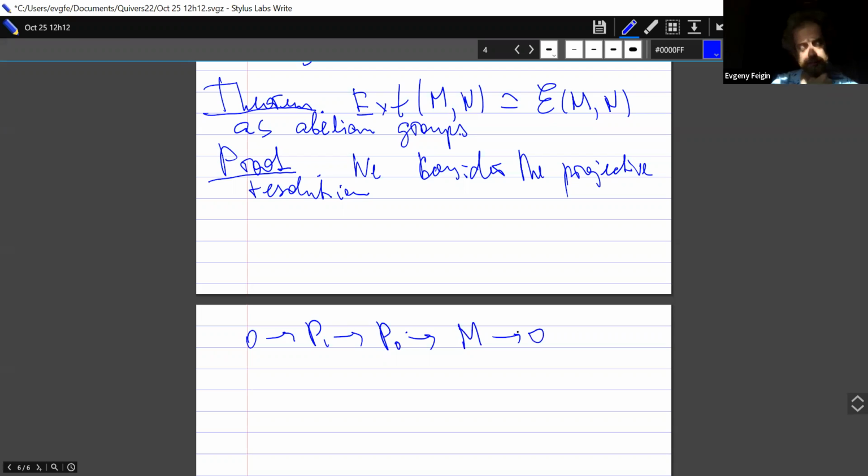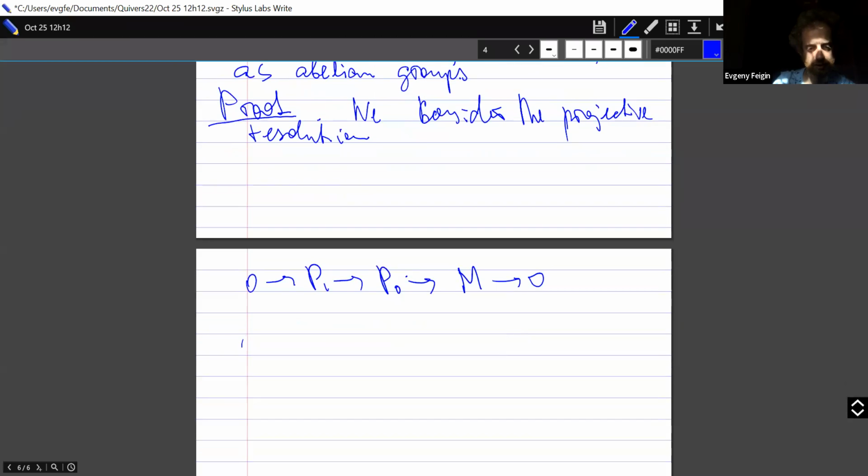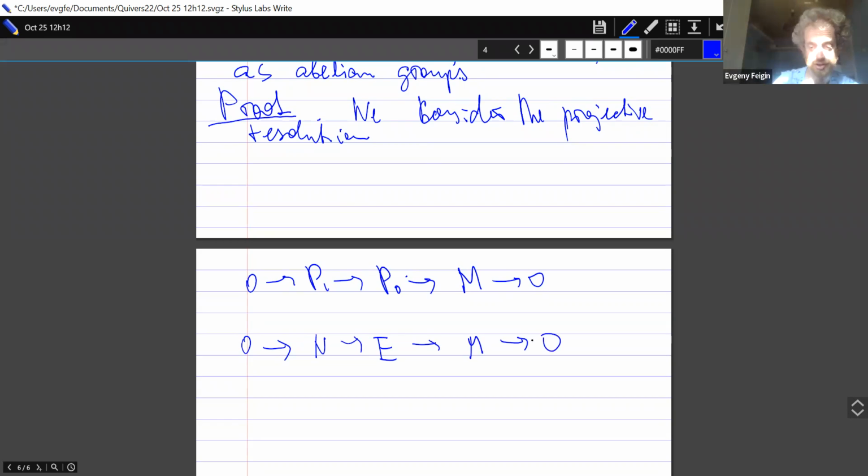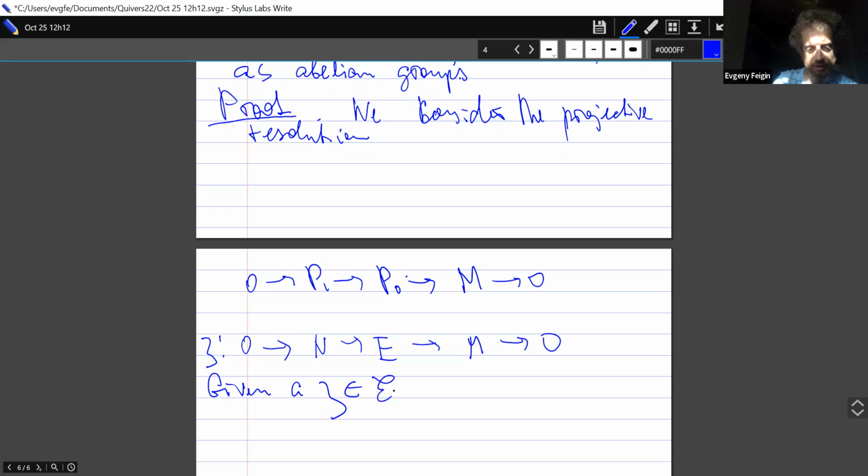And we also have 0 to N to E to M to 0. So assume that we are given xi in Ext(M, N).